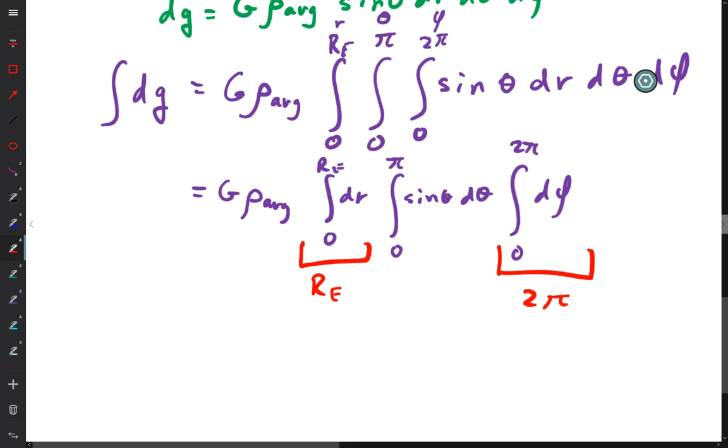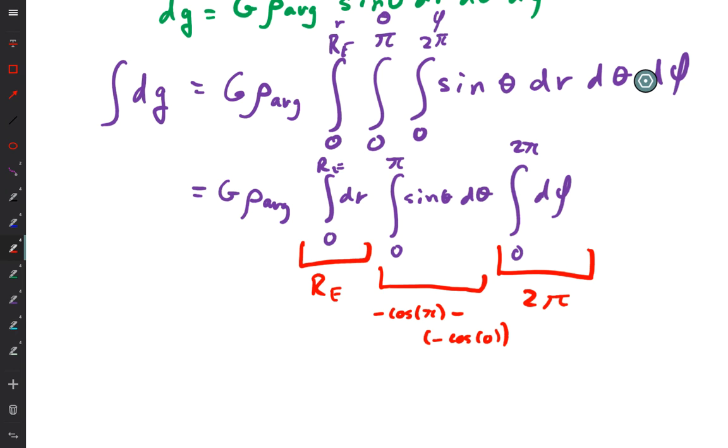Negative cosine. You've got to put in both limits. So the integral of sine is negative cosine. So I'm going to have negative cosine of pi minus negative cosine of 0. If you forget the lower limit, you're going to get the wrong value.